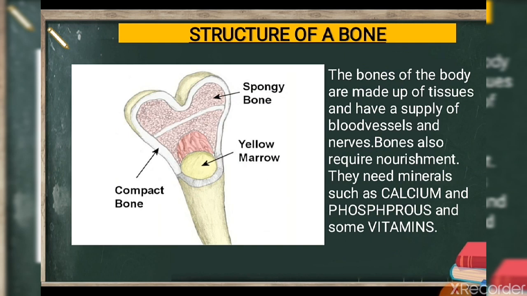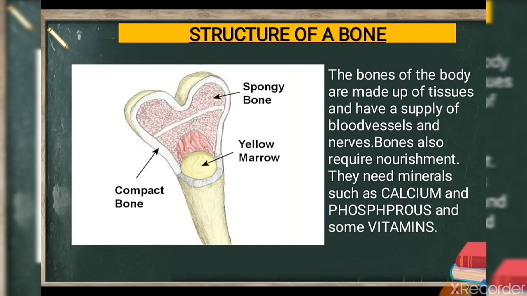The bones of the body are made up of tissues and have a supply of blood vessels and nerves. The bones also require nourishment, as your skin needs nourishment. They need minerals such as calcium, phosphorus and some vitamins also. And that's why you are always told to drink milk, because milk has calcium. It makes your bones strong.